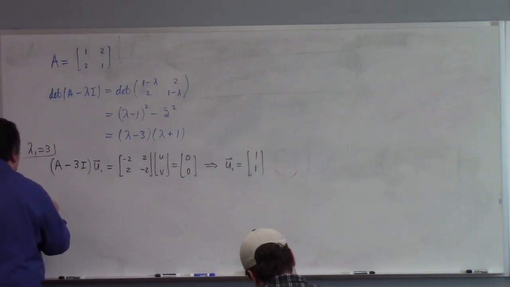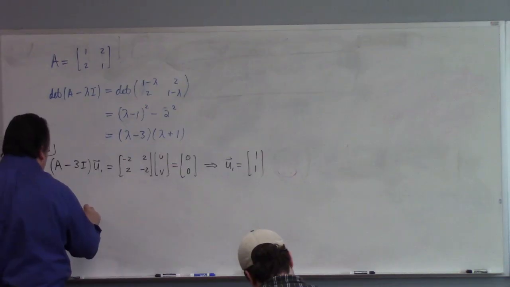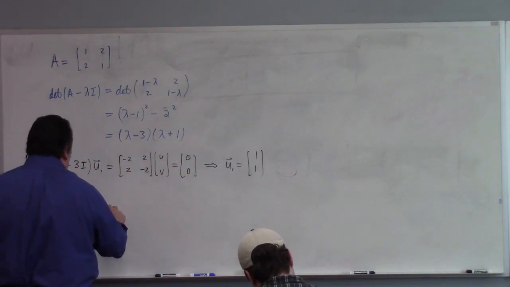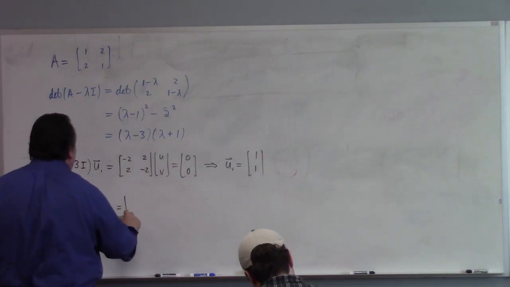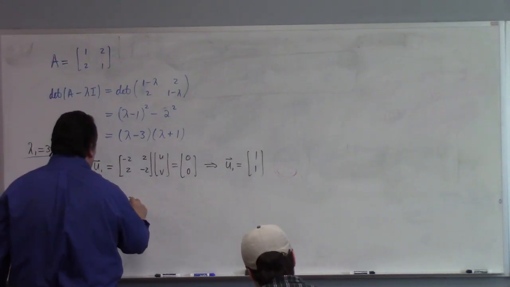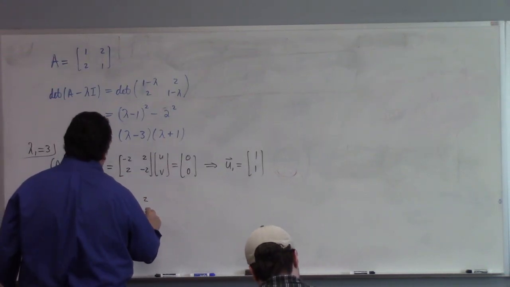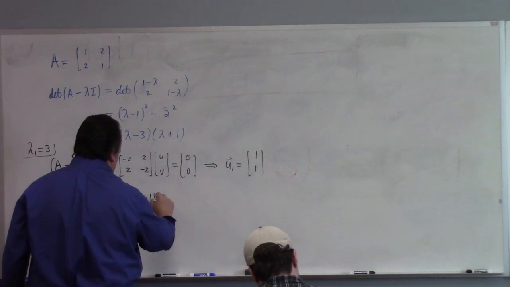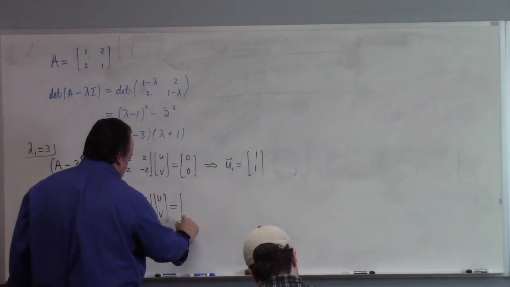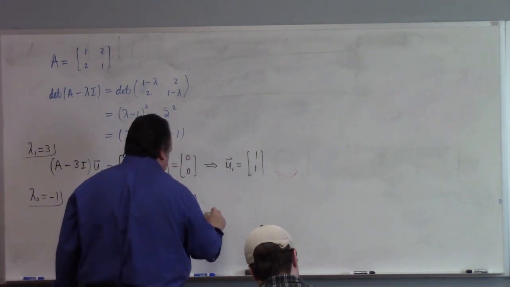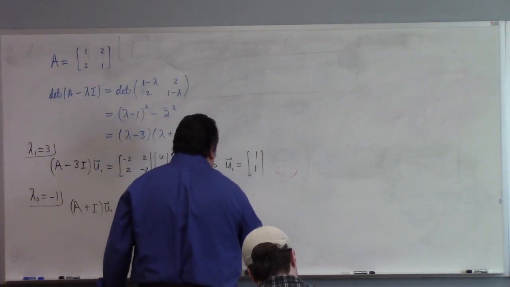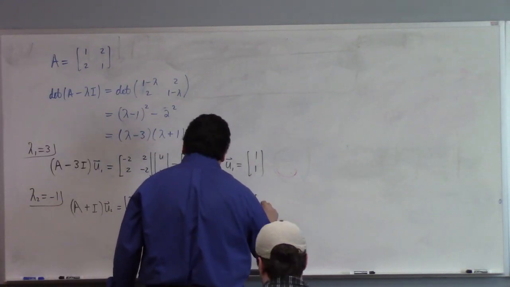Lambda 2 equal to minus 1, I'm claiming. So I should look at A plus I times u2. And that is 2, 2, 2, and 2. So obviously, quite manifestly, we have the same equation on repeat, and we get u2 is equal to 1, minus 1.